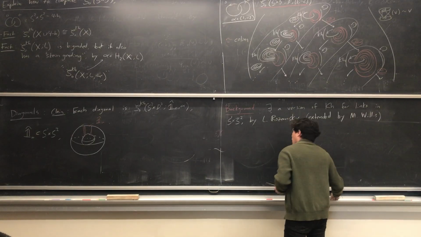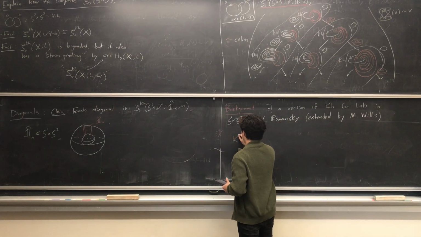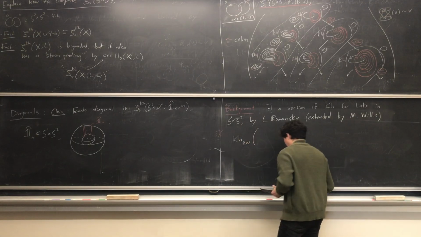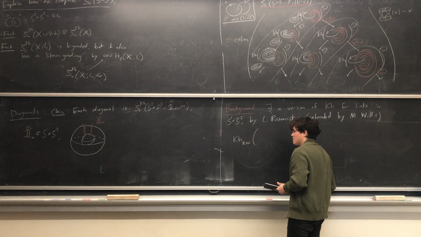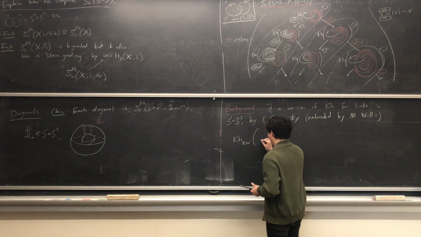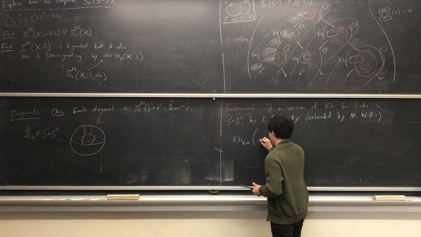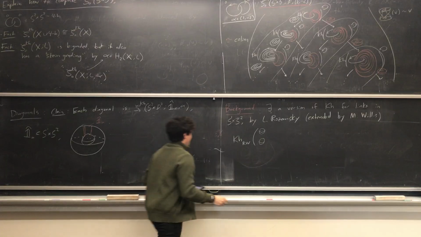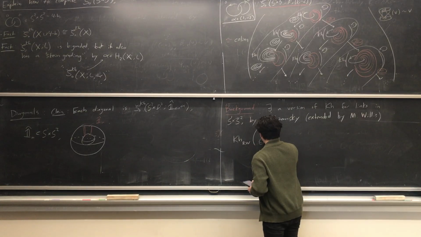So let's denote it by KH_RW. And let's draw our picture. I'm going to draw my link in S^1 × S^2 like this. Sorry, I'm switching notation around.